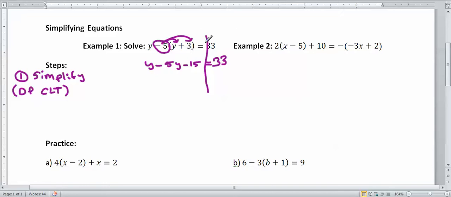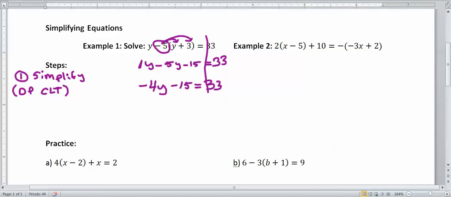After I distribute, I combine like terms. Remember, there's an assumed 1 out here, and I've got a negative 5y here. So 1 minus 5 is negative 4y, minus 15 equals 33. Now this is completely simplified. I have one variable, one number on each side. And that's what I want.